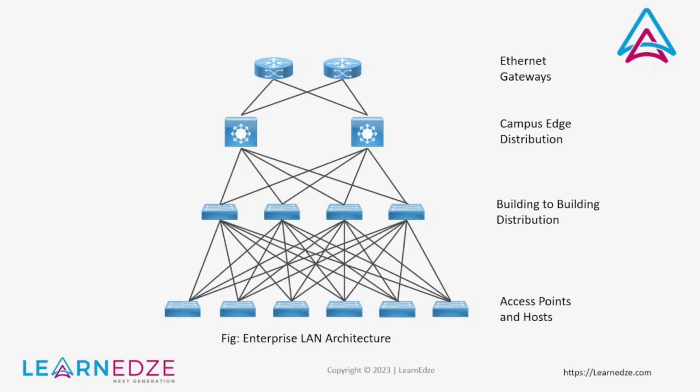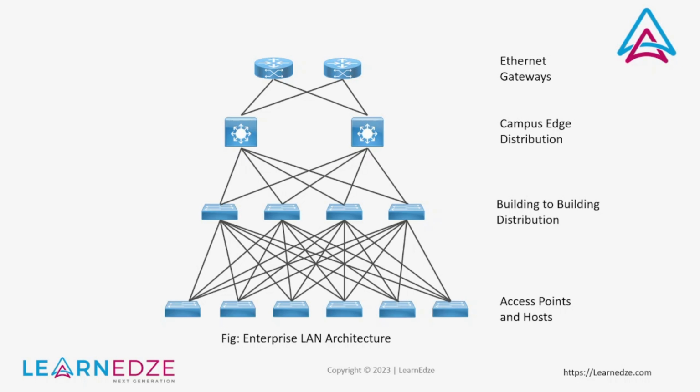Besides this, there are layer 3 switches also, which we often use in the campus distribution edge. Layer 3 switches work on the layer 3, or you can say the network layer. So besides having the switch information, that is MAC address information or CAM table information, it also has the FIB, the forwarding information base.